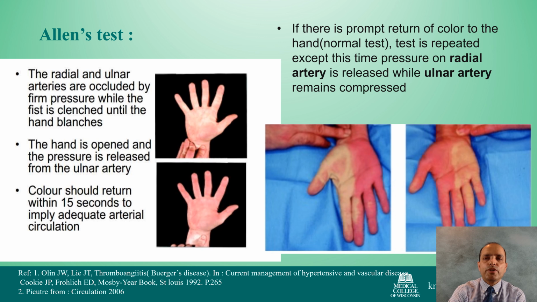Then you ask your patient to open their fist to make sure that the whole hand is completely blanched. And when that happens, you would like to release the pressure on one of the arteries.